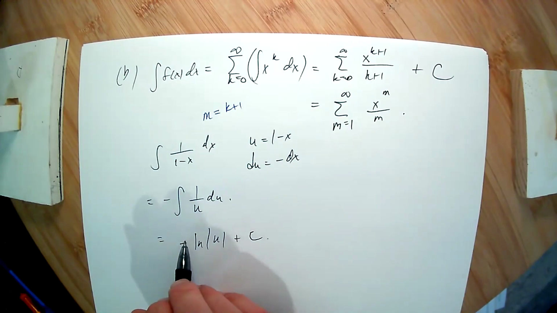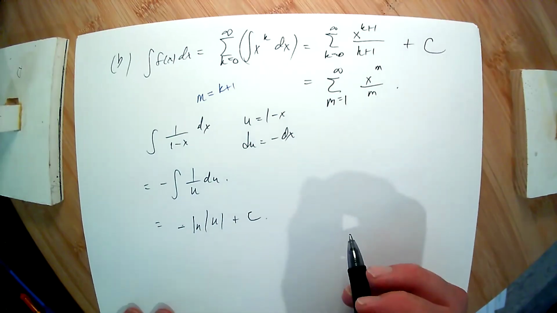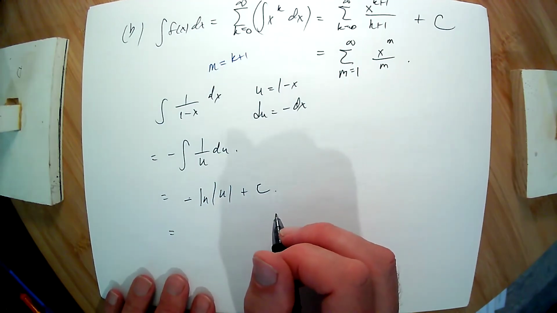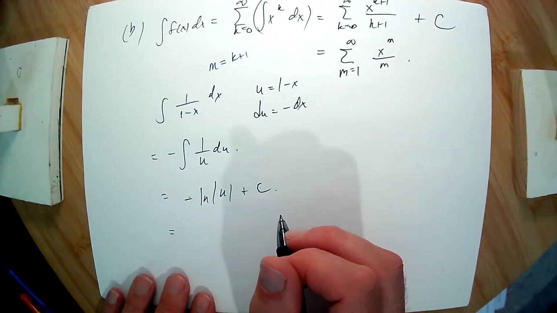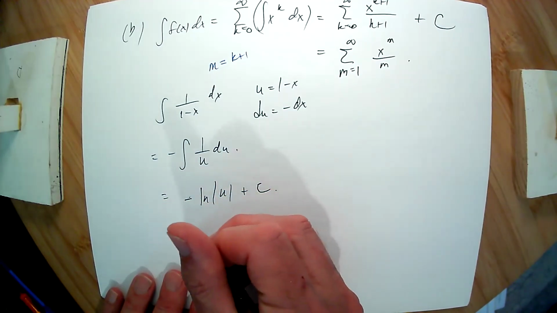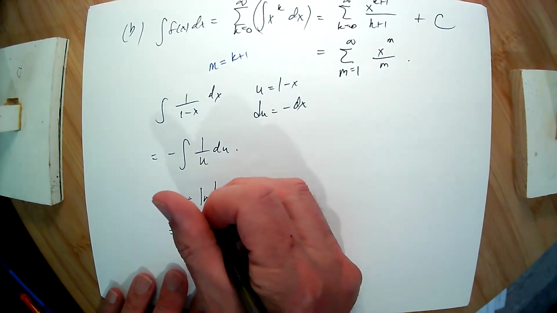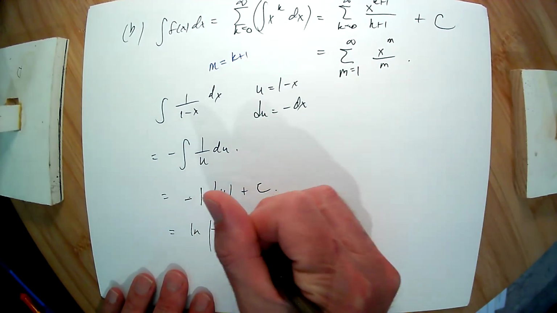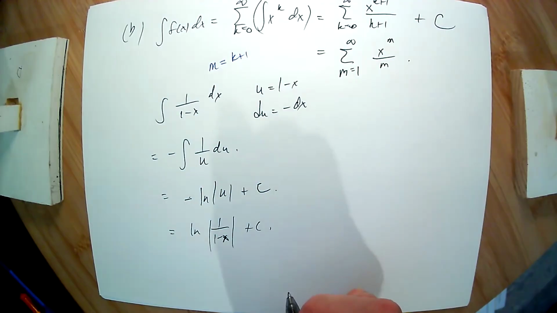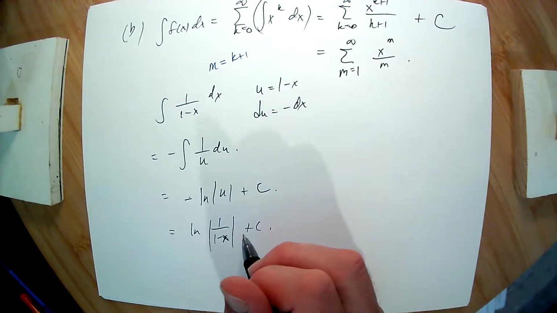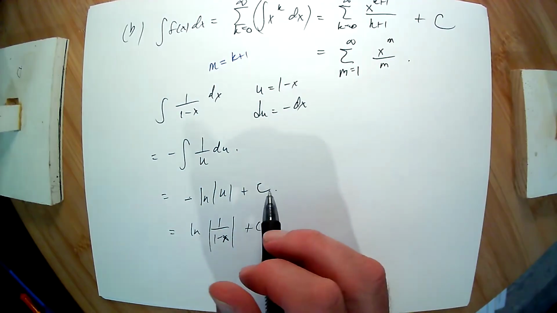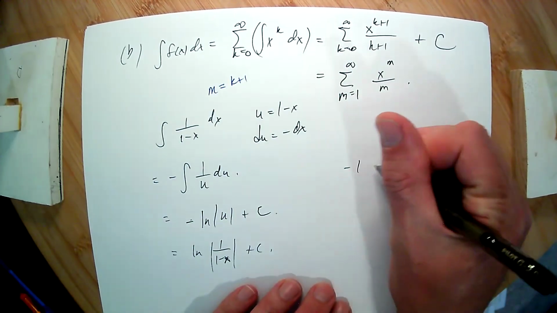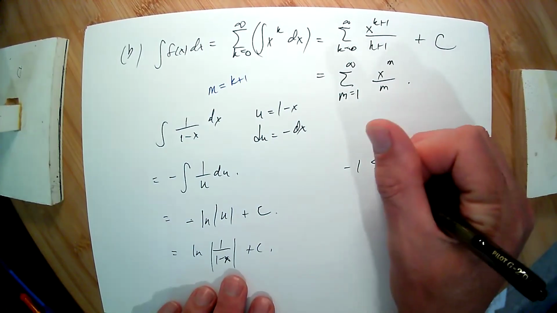And what I can do is I can at least bring the minus sign up in here. And so this ends up looking like the natural log of, this is u to the minus 1 power, so 1 over 1 minus x in absolute values, plus c, all right? And now I can probably do a little bit better than this, right? Because x was between negative 1 and 1, what does that mean for 1 minus x?